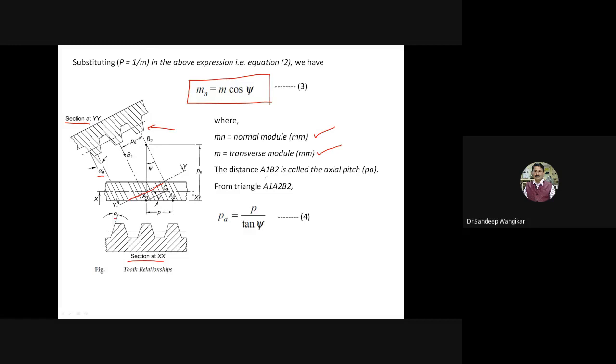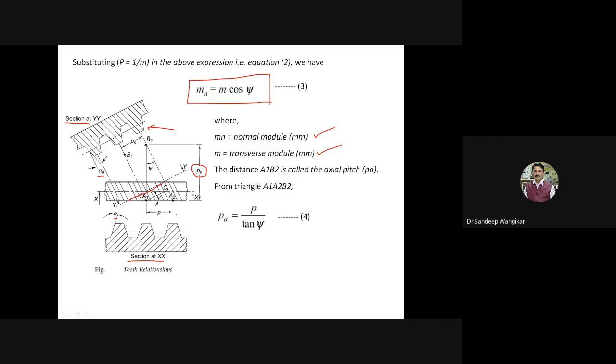The distance a1 b2 is called the axial pitch. This is point a1 and this is b2. From the bigger triangle a1 a2 b2, tan of psi is equal to a1 a2 divided by a1 b2.